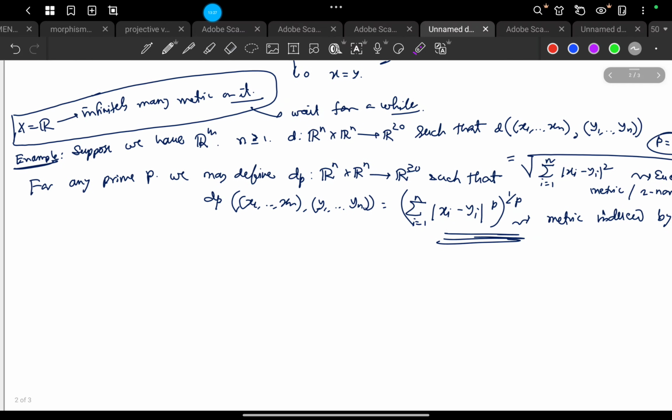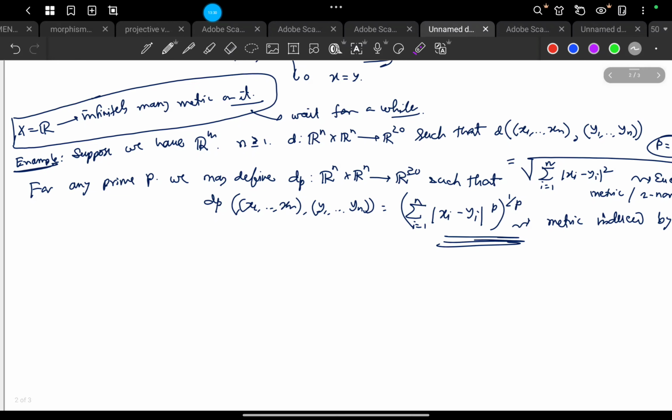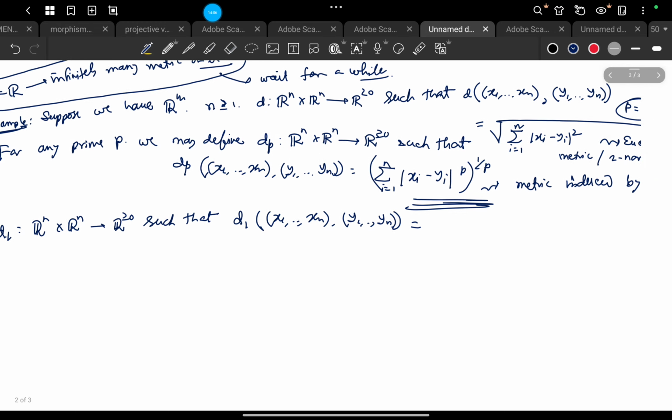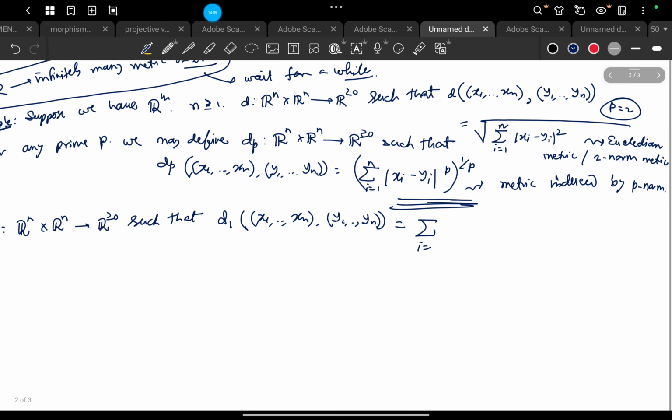Also, we can define another metric d1 mapping from R^n cross R^n to R, greater than or equal to 0, such that d1 of (x1, ..., xn) comma (y1, ..., yn) is equal to the sum over i equals 1 to n of mod of xi minus yi.